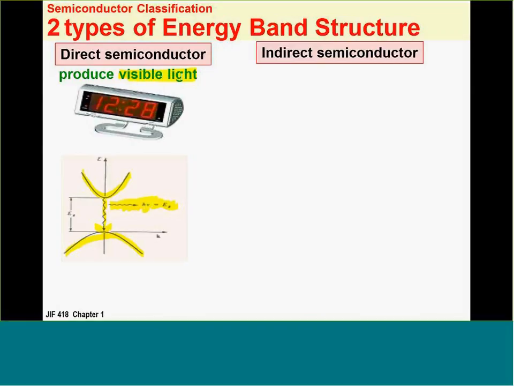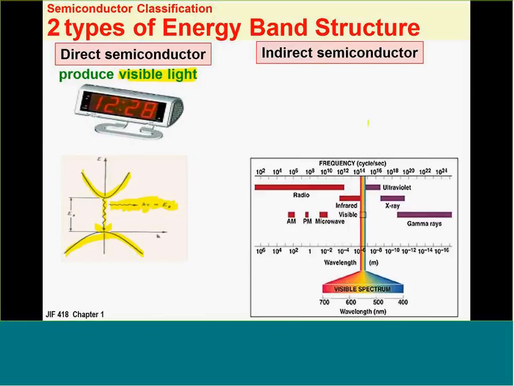Kalau in the case of indirect, ni kan. Ni visible spectrum. Jadi kalaulah kita punya light, energi yang keluar ni, dekat kawasan visible spectrum ni, dan lebih kurang wavelength 400 to 700 nanometer, then we can have visible light.